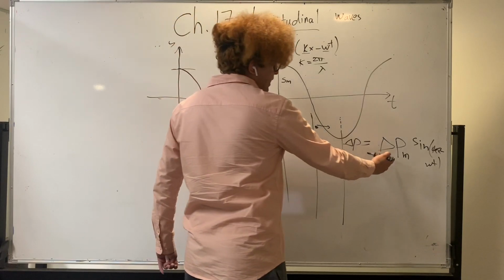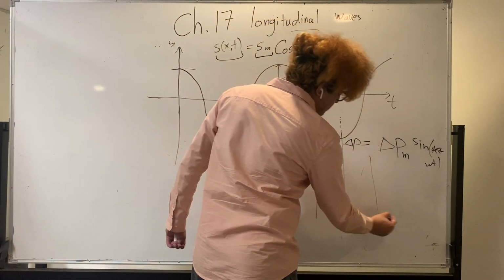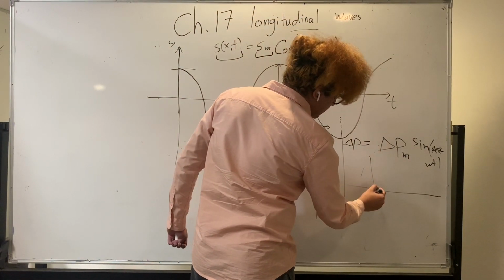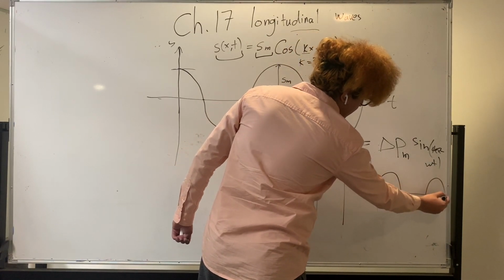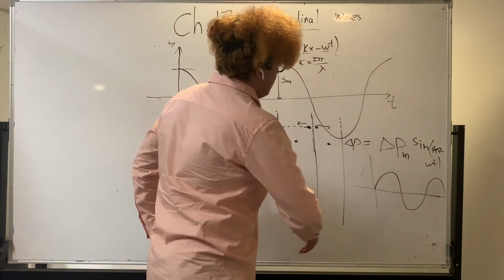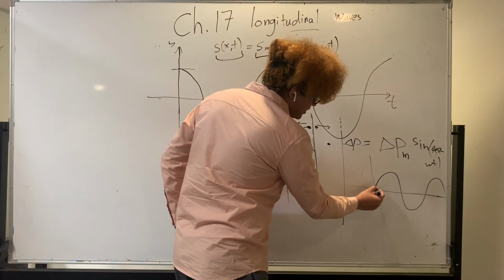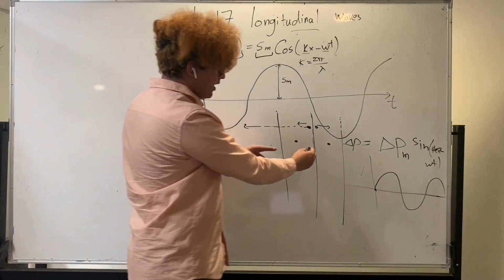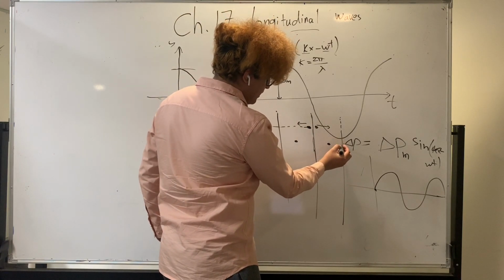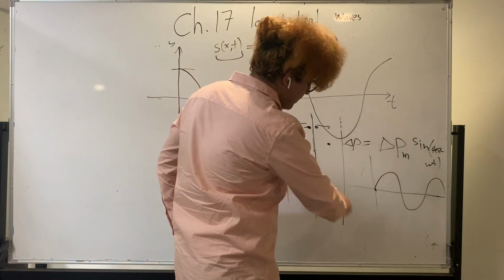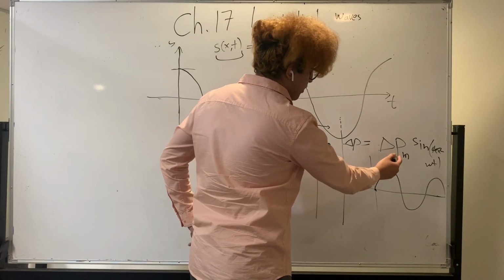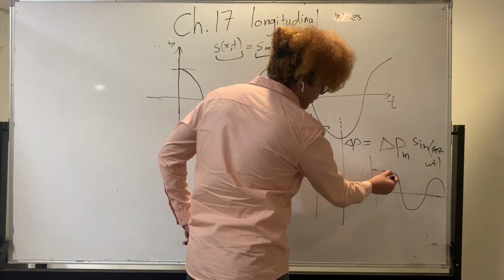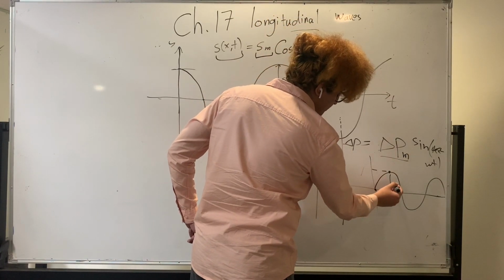So we know how a sine function looks, it's like that. So at this point we have zero pressure, it means we have maximum displacement. So the particles are very far away from each other. Okay, and at the top here, this is the pressure amplitude.